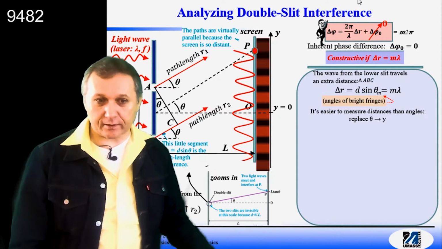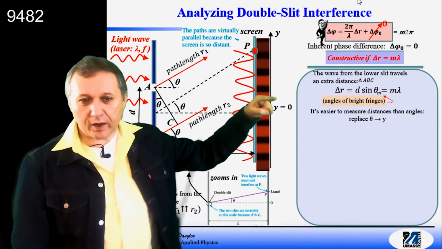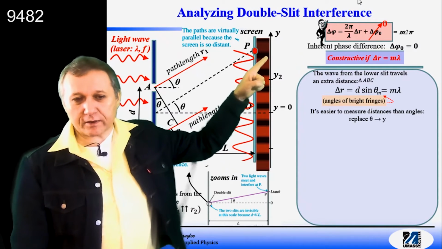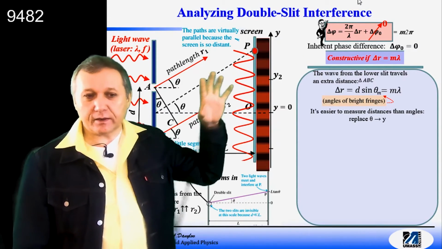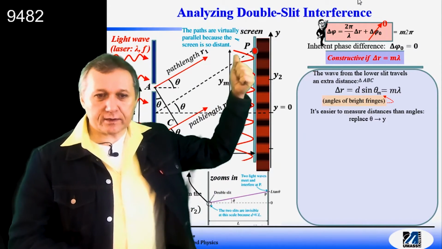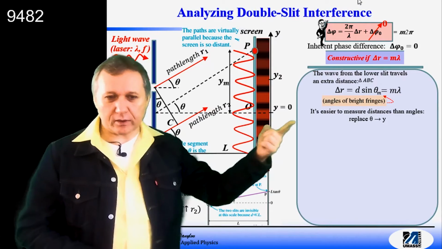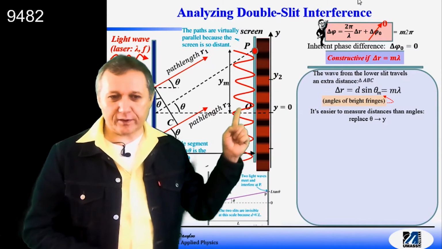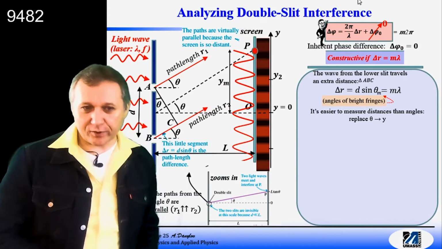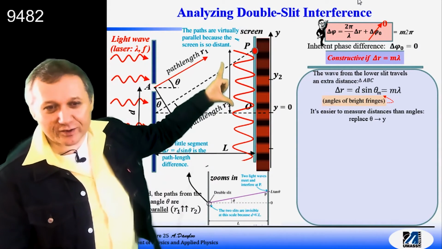So this will be y1, this will be y2, and of course, since this is bright spot number m, this will be distance y sub m. I'm running out of space over here, so I put y sub m inside of the picture.